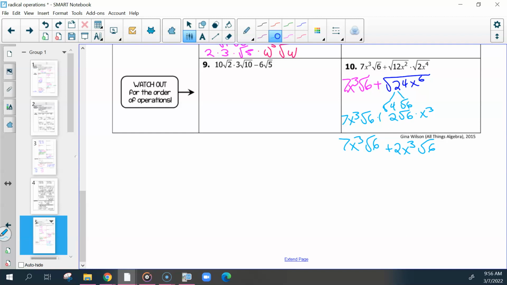We also have to remember our rules for combining like terms with variables. They have to have the same variable and the same exponent. These do, so we can combine. If this was x squared and this was x to the third, we would not be able to combine this. So what would our final answer be? 9x to the third square root of 6. Correct.